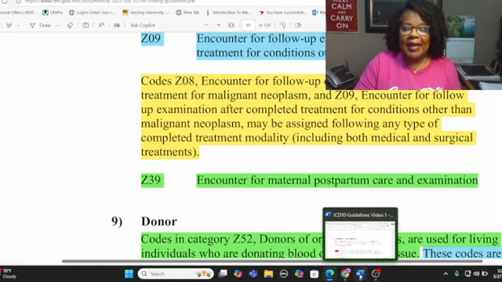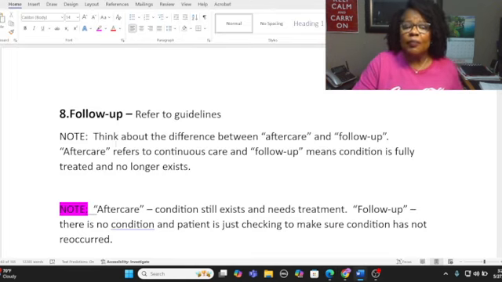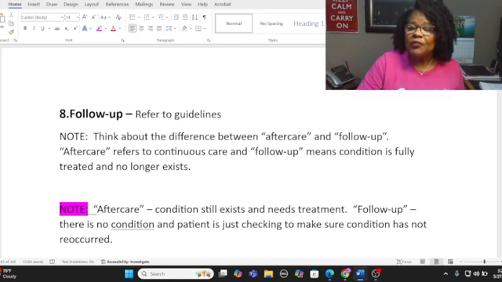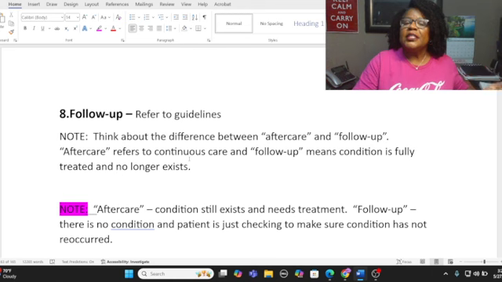So going back to my handout on follow-up, I just have a couple of notes. The first note says, think about the difference between aftercare and follow-up. Aftercare refers to continuous care, and follow-up means the condition is fully treated and no longer exists.